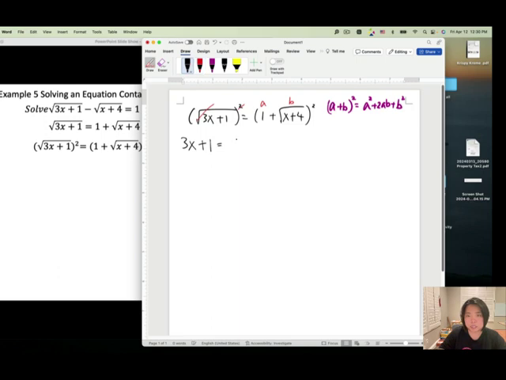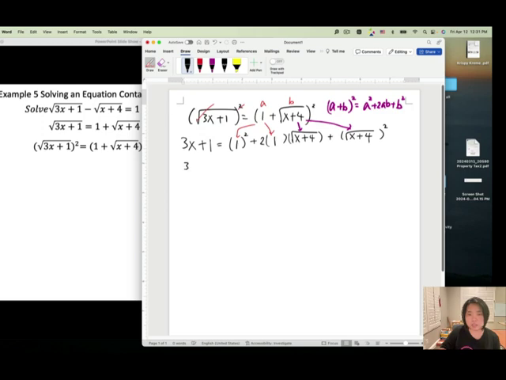Okay, you could write it like this. I need a squared plus 2 times a times b plus b squared. Okay, exactly the same formula here. So you could plug in your a here, your b here, your b here. So you should have 1, 1, and the square root of x plus 4, and the square root of x plus 4.